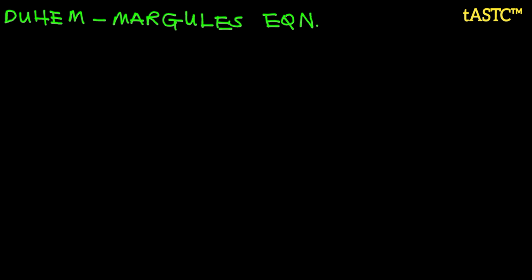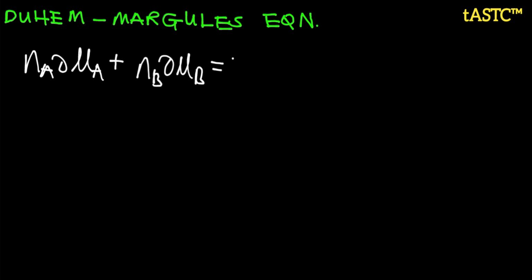So this is the Gibbs-Duhem equation. You have N_A d mu_A plus N_B d mu_B, and that is equal to 0. Now we need to use it to find out what the Duhem-Margules equation will look like.